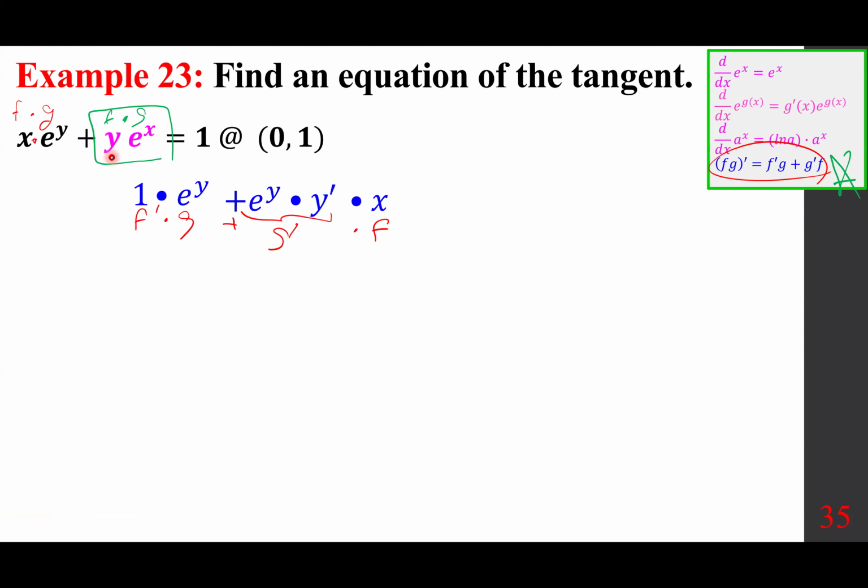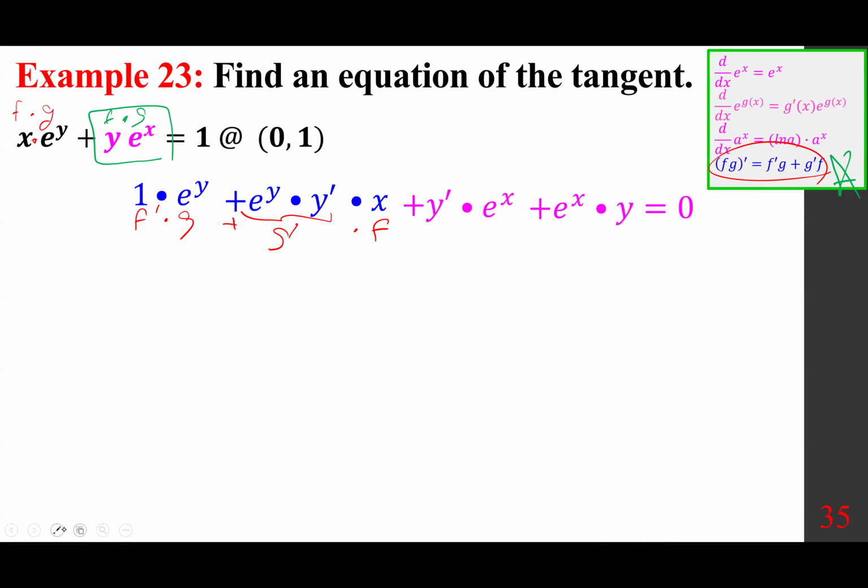So we need f prime, which makes it y prime or dy/dx, times g, which is e to the power of x, plus g prime, the derivative of e to the power of x, itself, times f, which is y. The right side is a number, becomes 0.